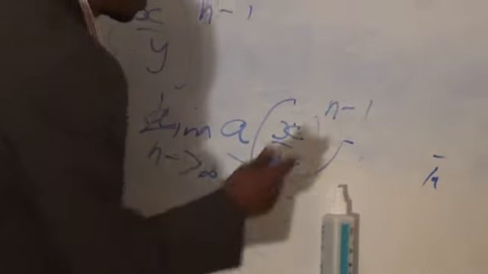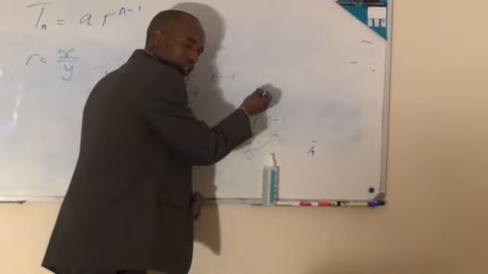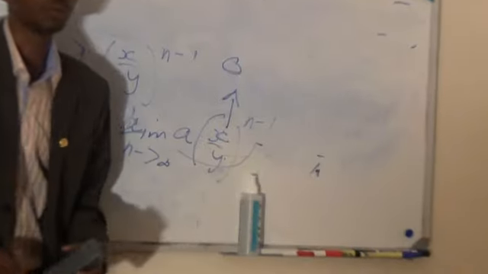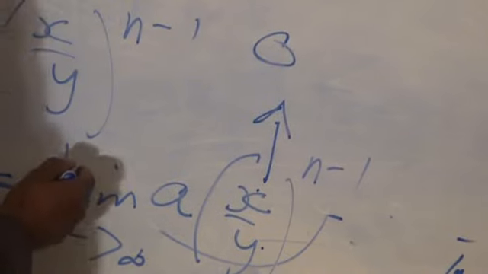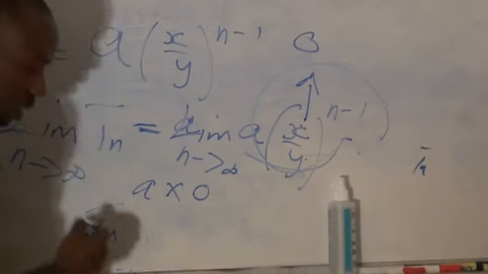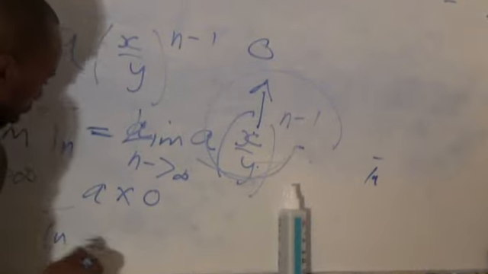So eventually, this term approaches 0. If it approaches 0, then this limit will be a times this, which is approaching 0. So a times 0. Therefore, Tn, as we approach infinity, is going to approach 0.